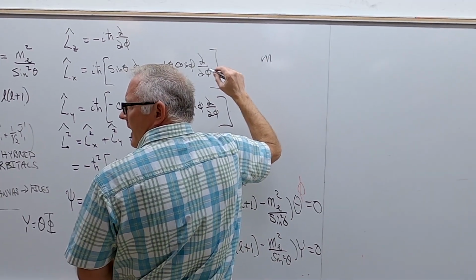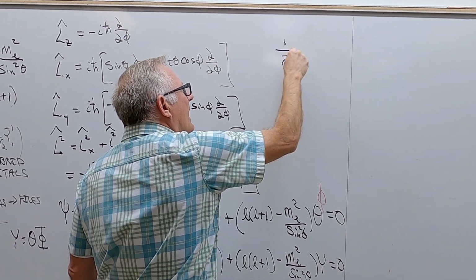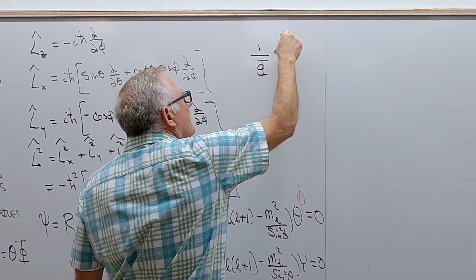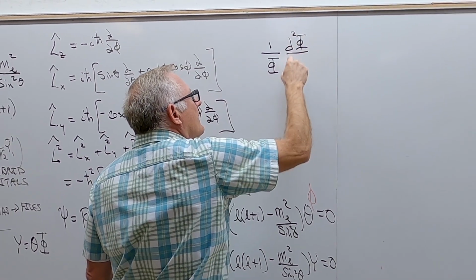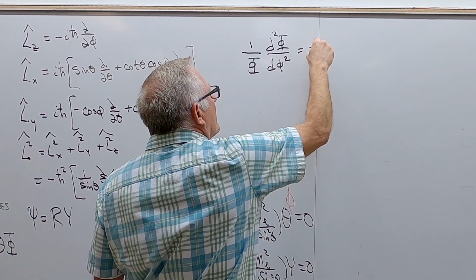Actually, what do we have? Over there we had 1 over phi, d squared phi, d phi squared is equal to minus m sub L squared.